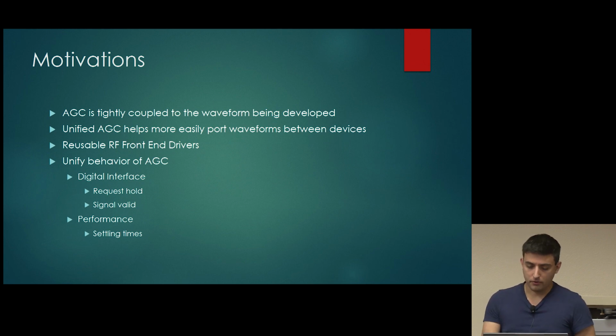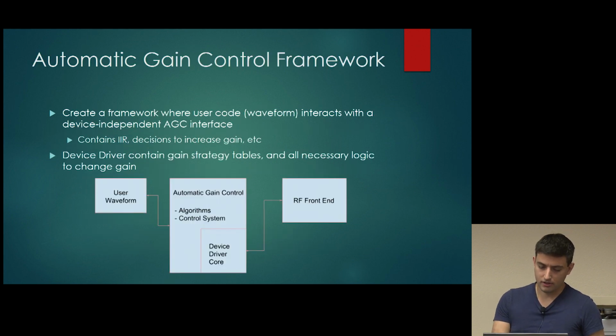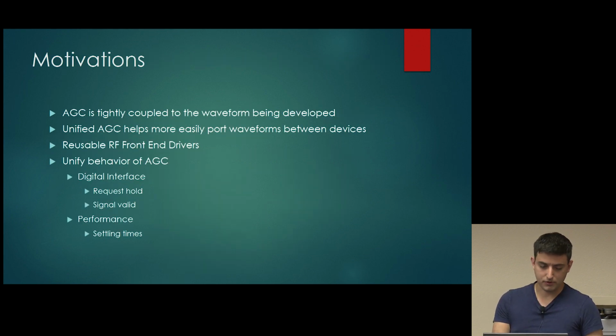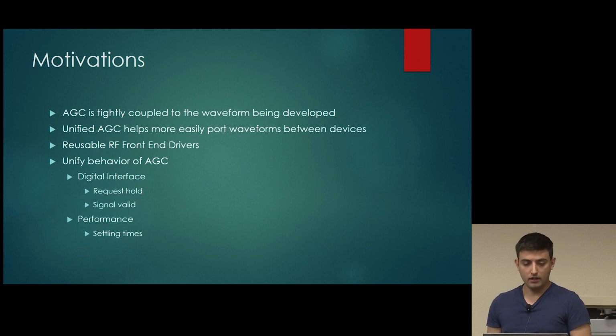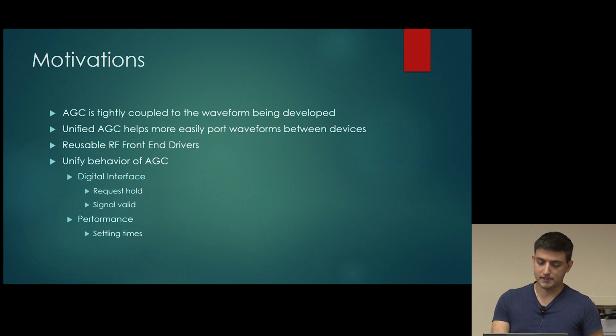So the idea is to have the larger automatic gain control assert digital interfaces such as request a hold, and then verify that it's holding, and have an output from that same AGC core that says the signal is valid. And then also the idea is to unify such core metrics as settling times.